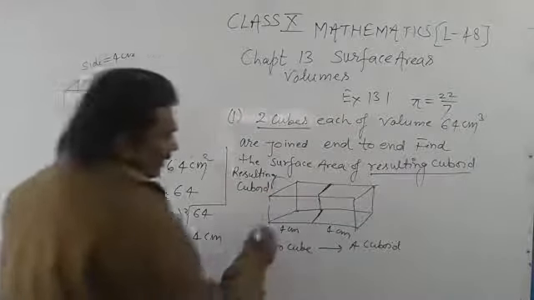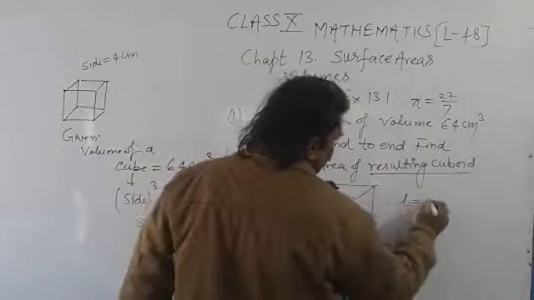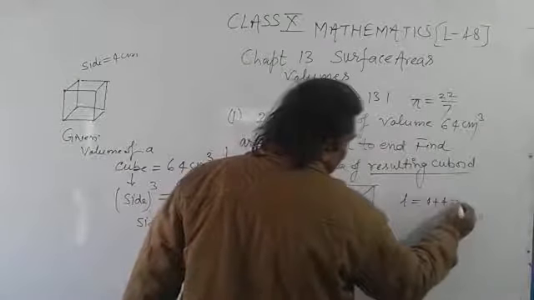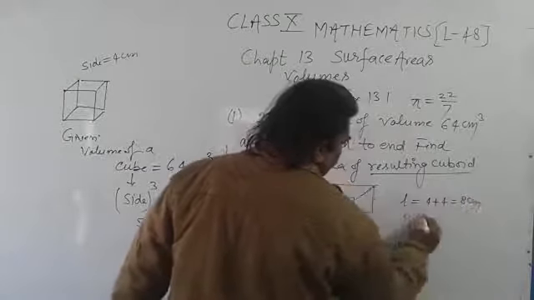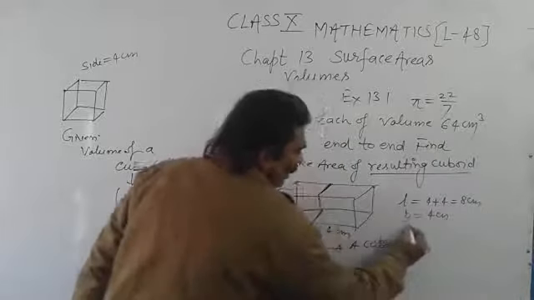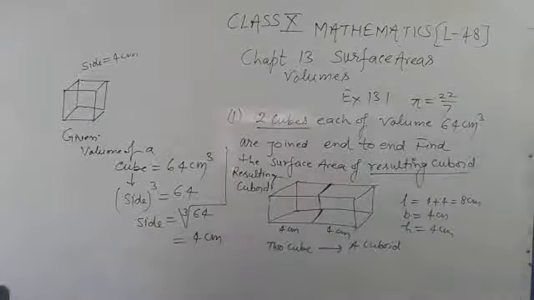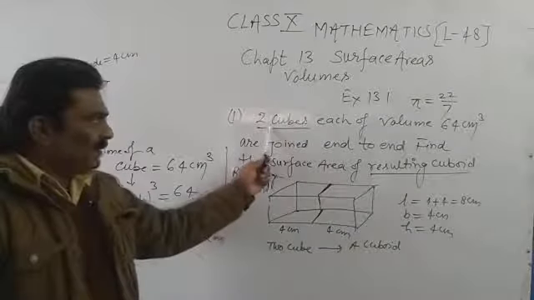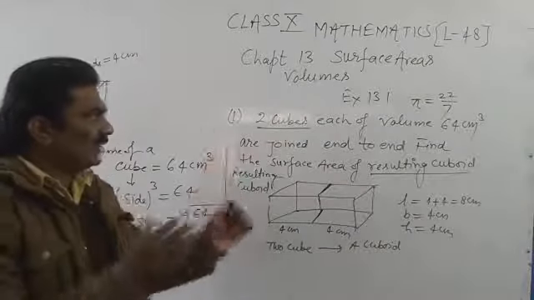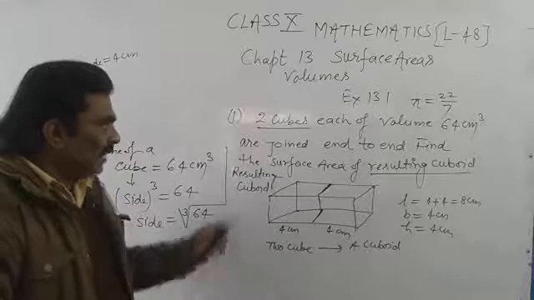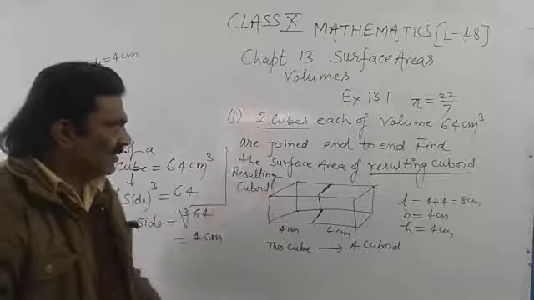and this cuboid has length equal to 4 plus 4, that is 8 centimeter, breadth equal to 4 centimeter, and height is also 4 centimeter. So we have a cuboid if we join two cubes end to end, and this is the way how to find the surface area of the resulting cuboid.